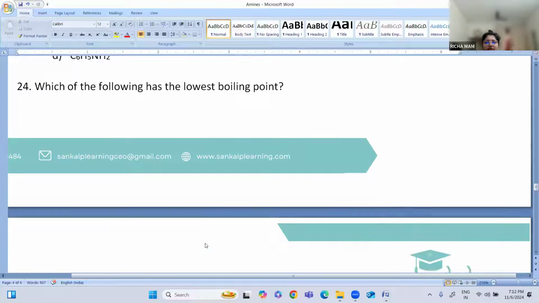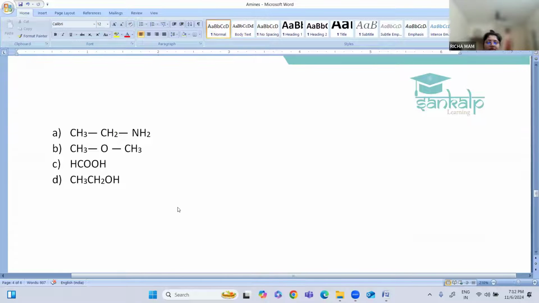Next question. Which of the following has the lowest boiling point? These are the options. Which will have the lowest boiling point? Option number B, ether.